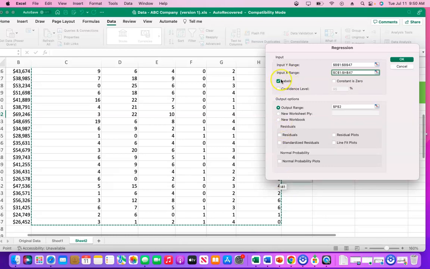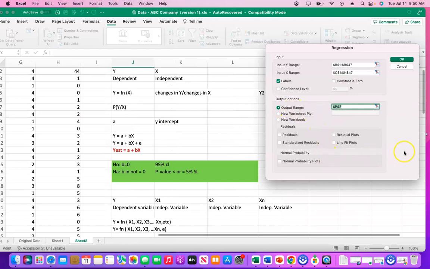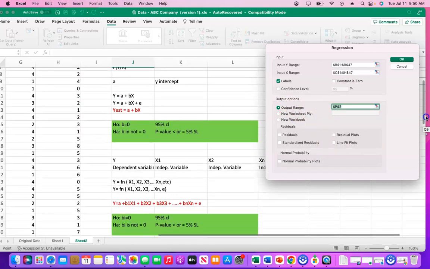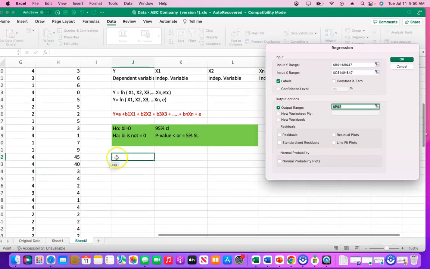We will make sure that the labels are checked, and we need to define where our output range should be. So we'll prefer the output range to be here. All I have to do is check the box and select where I would like my output to be.